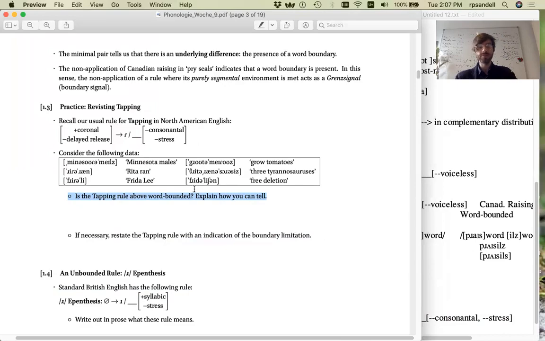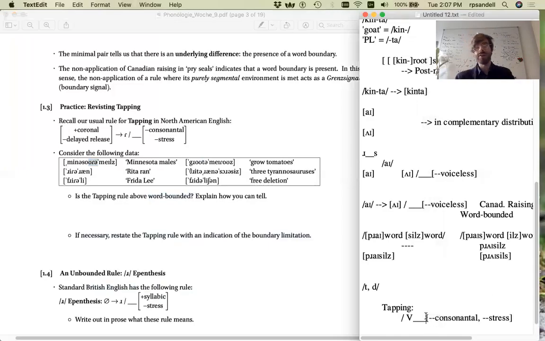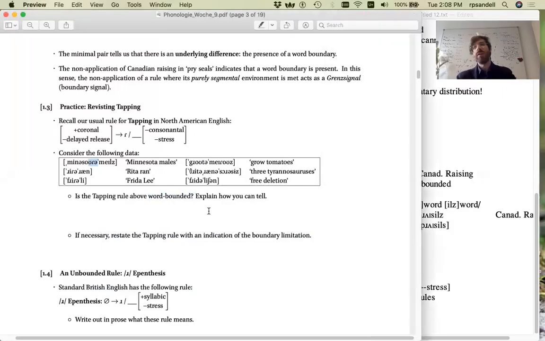We can tell that the tapping rule is word bounded because we only see it applying when both the preceding vowel and the following stressless non-consonantal segment are contained within the same word. So I would add to tapping here the further restriction that this is a word bounded rule, just like we found Canadian raising to be a word bounded rule.